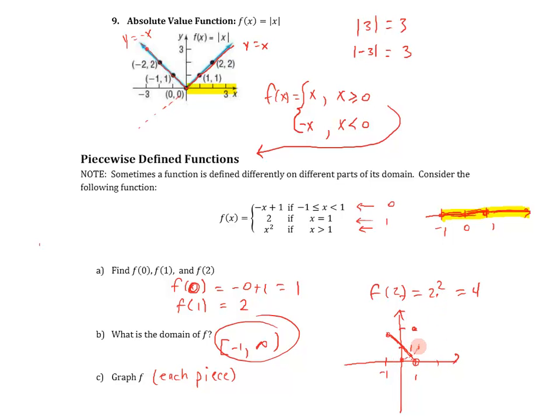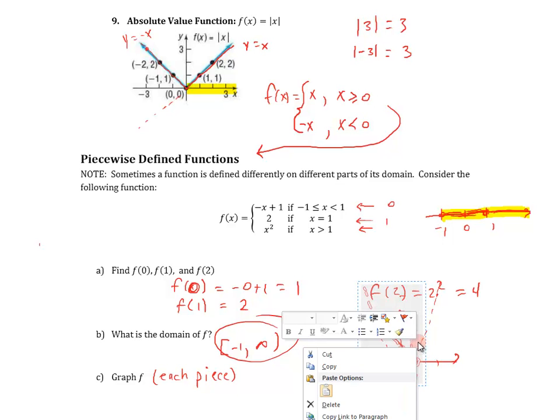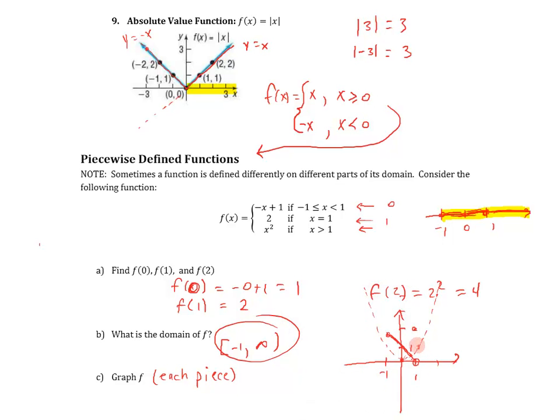It's this parabola. Now I'm going to draw it in a dotted line first, but it's only valid starting at 1, not inclusive, so a circle here, and then extending this way upward.